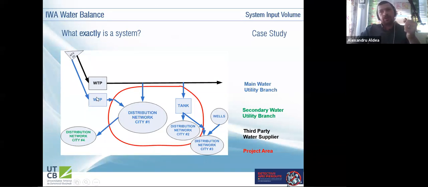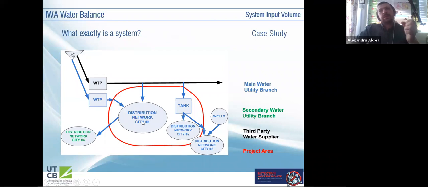They have a water treatment plant. They had the distribution in the network in the big city, but they also have another entry in the city from a third-party water supplier, and then this third-party water supplier has to supply the second city, and the third city was supplied also from the second city and from somewhere else.